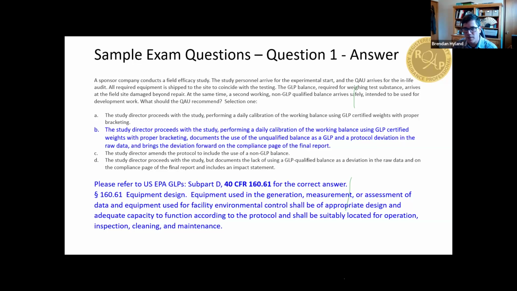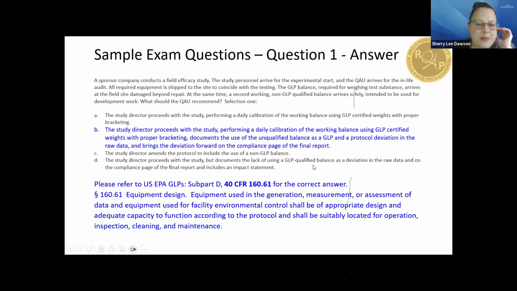So those are two separate things, whereas Part D doesn't specify which kind of deviation it is. So I think that's why B would be the more appropriate answer. Yeah, and D mostly because it says they address the deviation in raw data and on the compliance page of the final report.